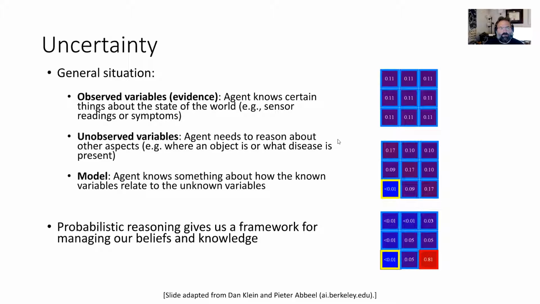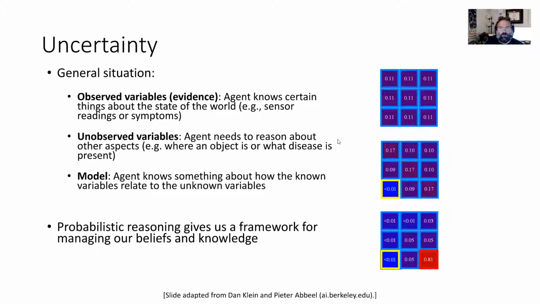That's compared to the unobserved variables. These are things that the agent can't necessarily see or perceive, but they exist and can be reasoned about, either through some form of inference or whatever. A model is how the agent knows how the known variables relate to those which are unknown.